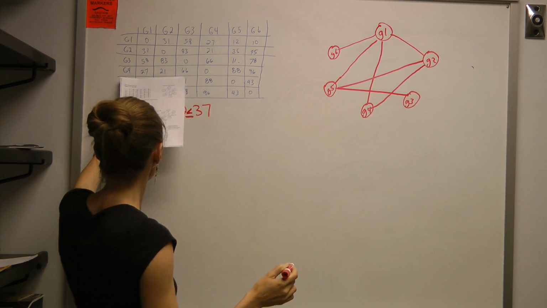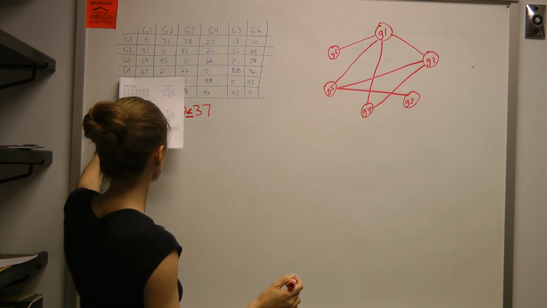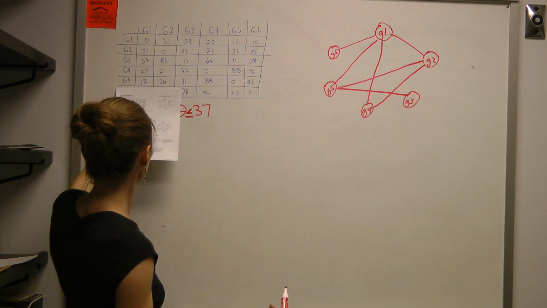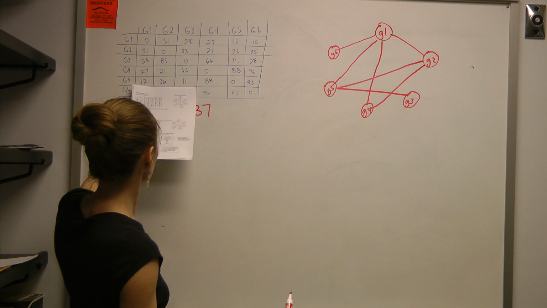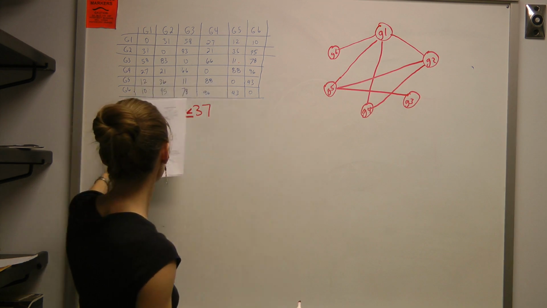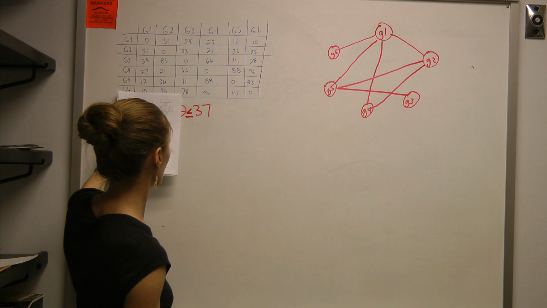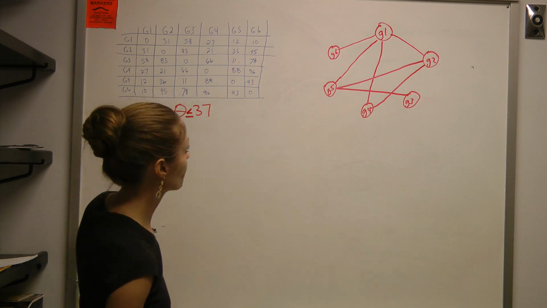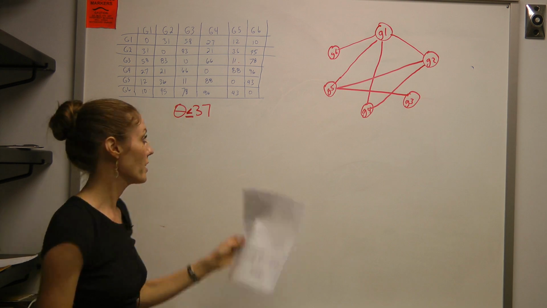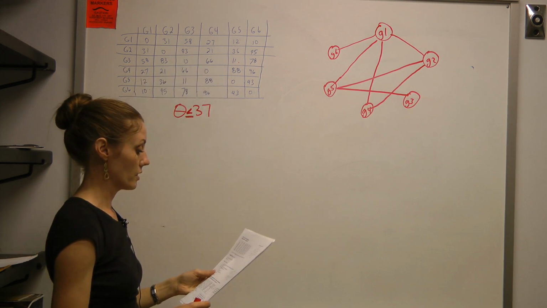And G4, we have G1, G2, which we already have. G5 is G1, G2, G3, which we already have, and G6 is just G1. So this is our initial distance graph based on our distance matrix.